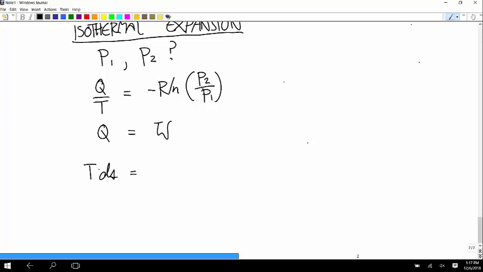Okay, so let me look at this equation for a second. So we have TdS is equal to dU plus P dV. And so dS is equal to dU over temperature plus 1 over temperature P dV.